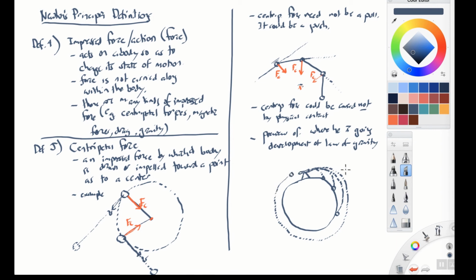So during this entire time, this cannonball is falling toward the Earth, but by virtue of the fact that the Earth is curved, it never actually hits the Earth. And so what would happen is this cannonball, let me get rid of these to get them out of the way.